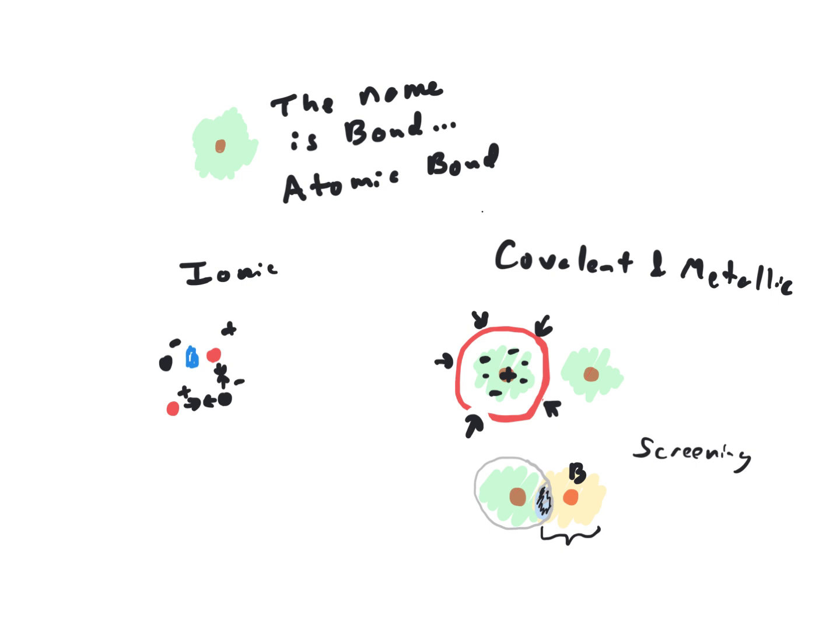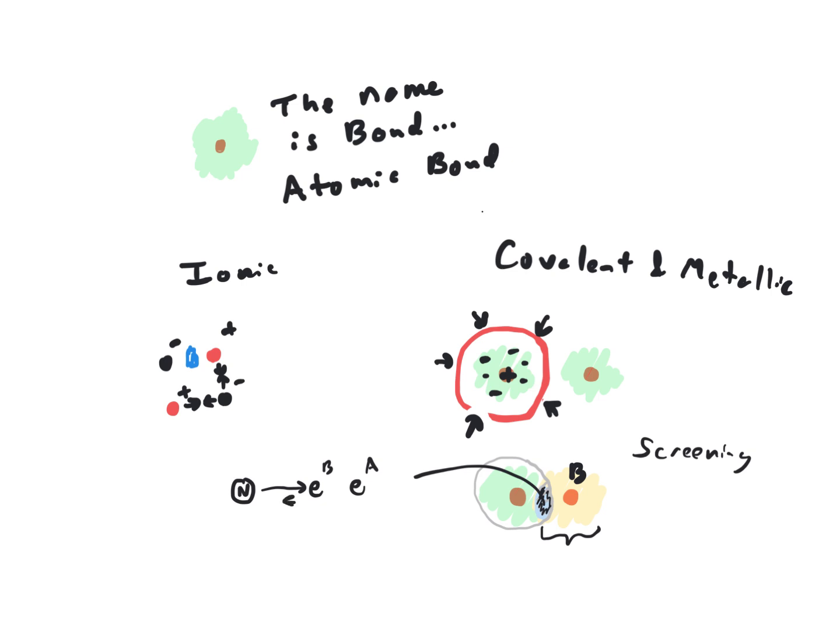Screening is this process in an atom where the cloud of electrons is going to block out the positive charge of the nucleus. When another atom starts getting closer to it, effectively, if we want to zoom in on this area here, we might say that, okay, we have an electron from atom B. We also have an electron from this atom A. But the nucleus for atom A is actually closer to electron B from the atom B. So that's going to actually get an attraction to it.